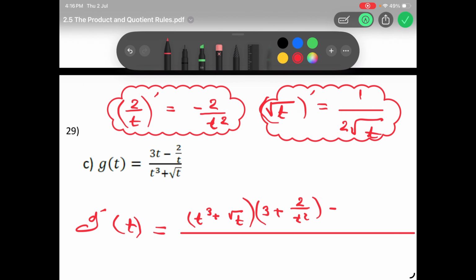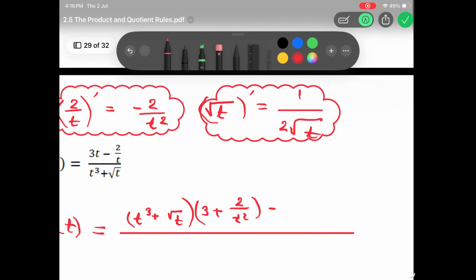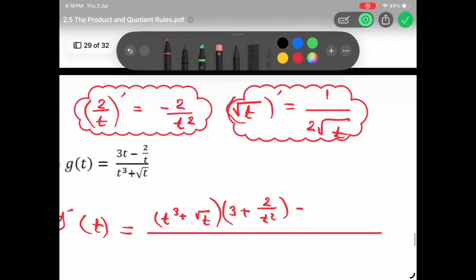Now I will keep the top as it is, the top function as it is, which is 3t minus 2 over t.